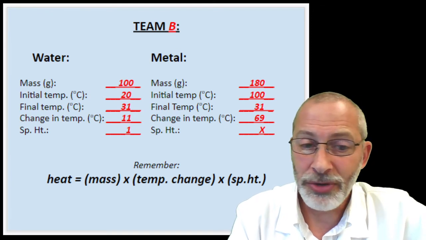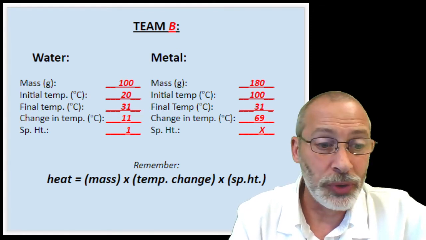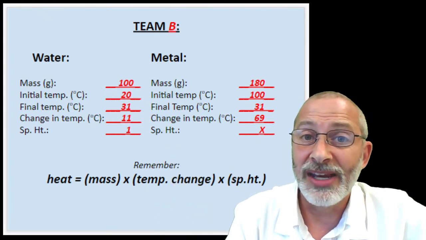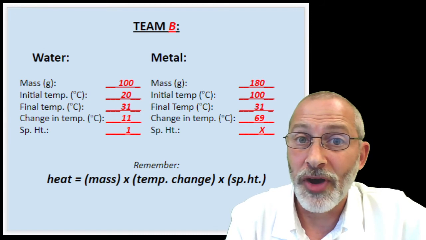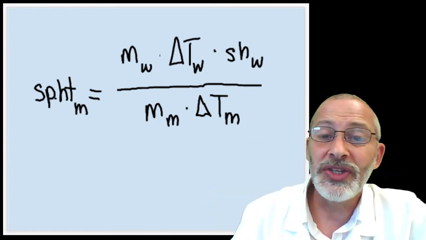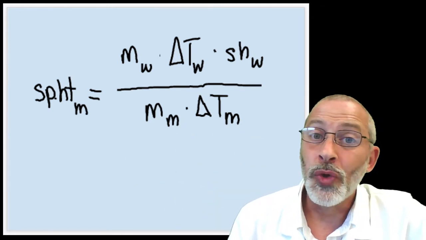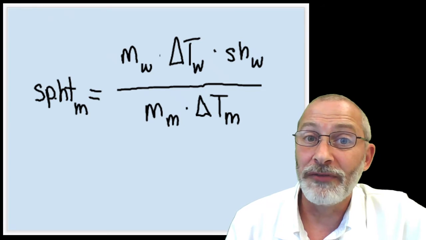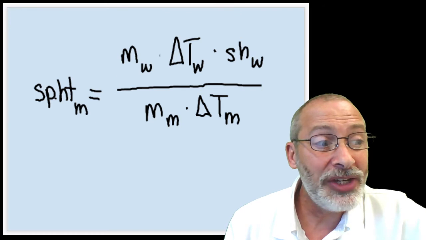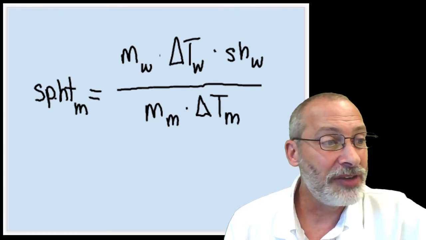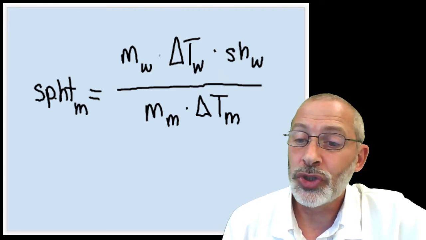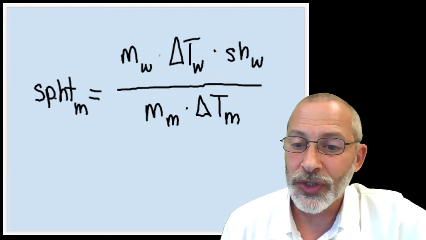And now for the remainder of our time, what I'd like you both to do, Team A and Team B, is this. Think about this data that you've collected and calculated so far. You're going to insert the correct numbers into this heat equation in order to try to calculate the specific heat of your metal. There is a right answer, and I would like you to read the note on page 75 after step 8 to see how close you came to the actual answer.